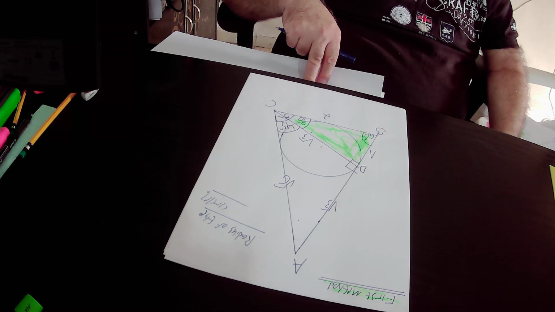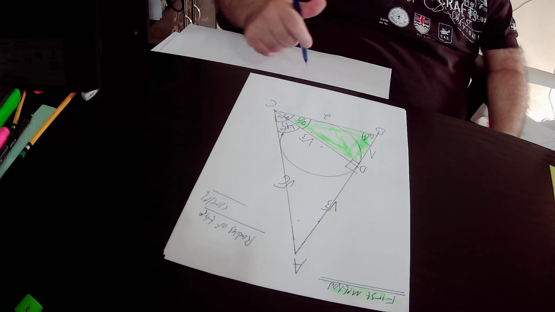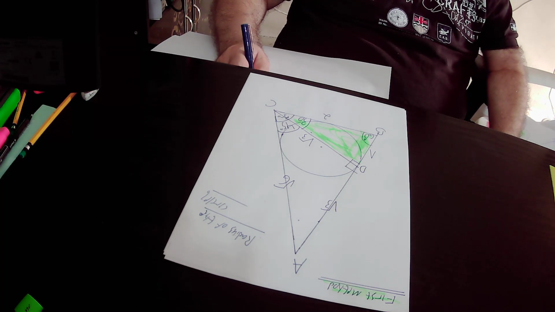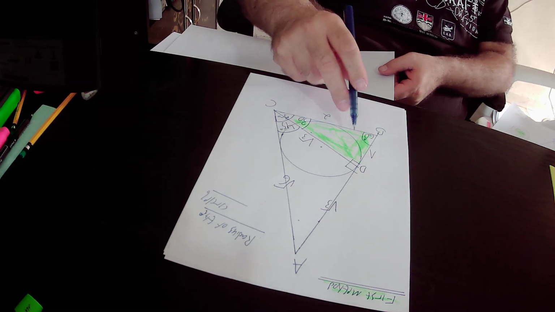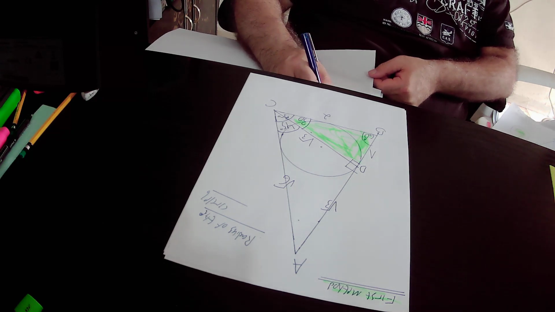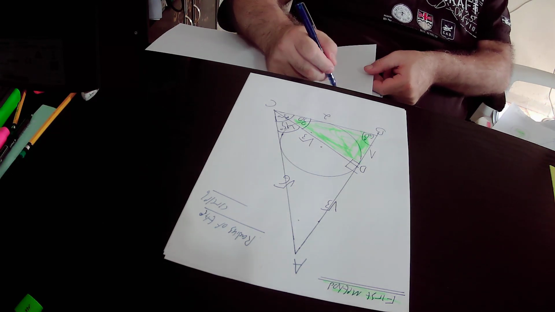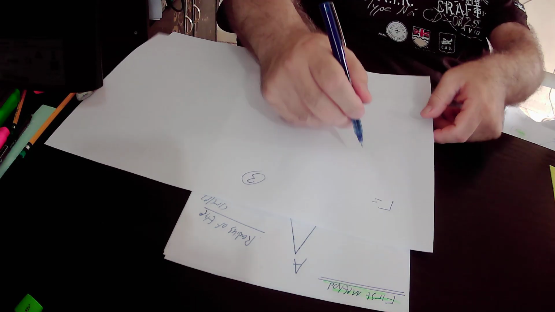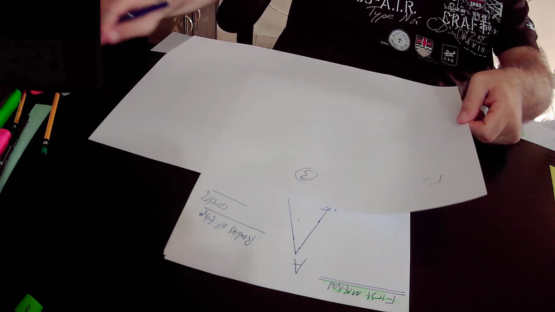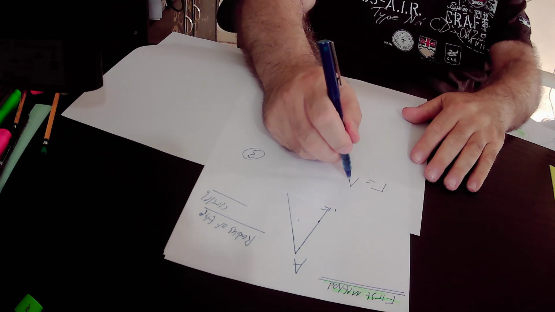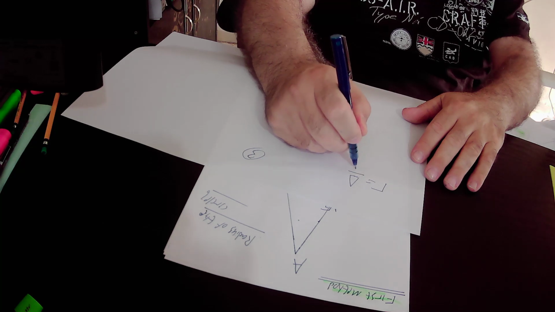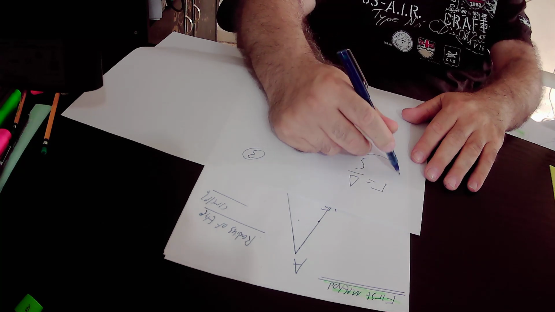According to the new formula, the radius of this circle will be equal to the area of triangle ABC over the semi-perimeter of triangle ABC.